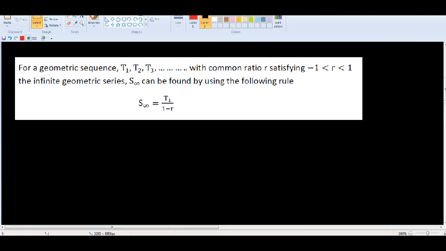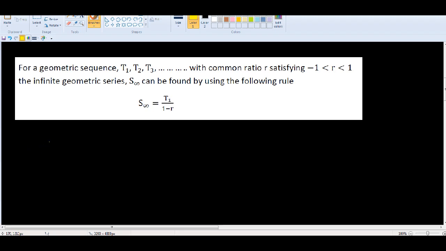So here's the rule. Does this rule look familiar to you? It's quite similar to one we have just learned, the geometric series formula.